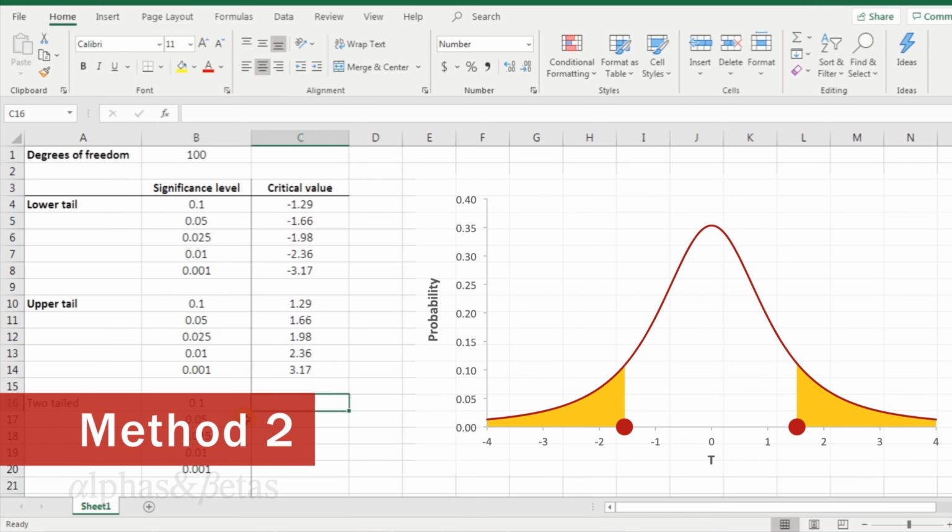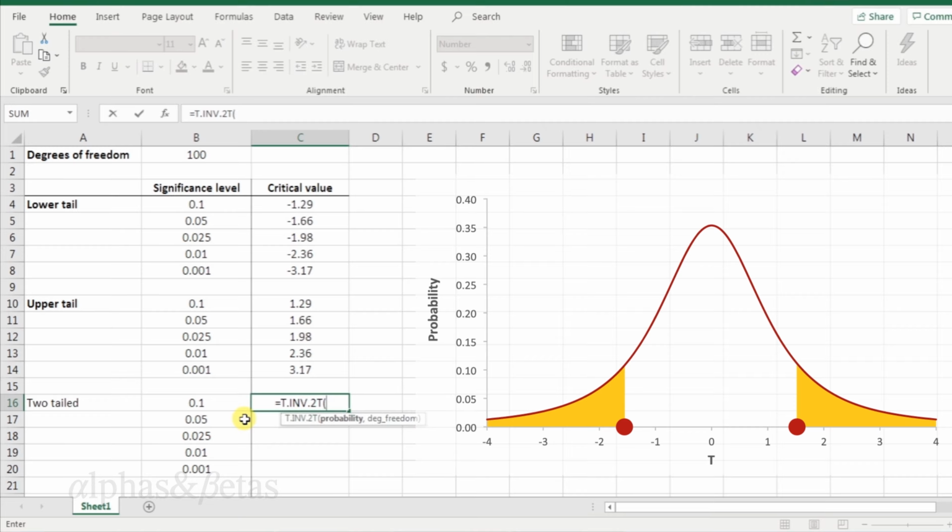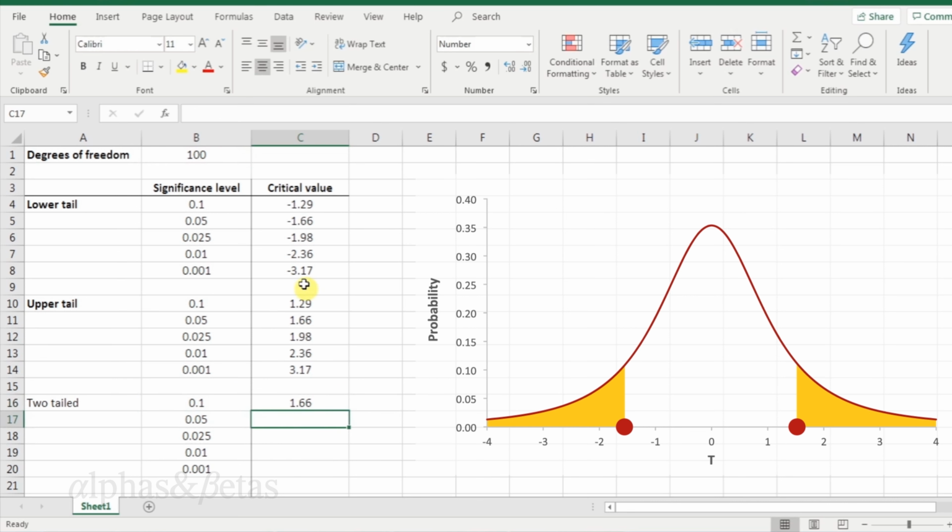Method 2. The second way is to use the T inverse 2t function. For the probability parameter, select the significance level. For the degrees of freedom parameter, select the degrees of freedom. Press F4 to lock in the reference. The output tells you that the upper critical value is 1.66.